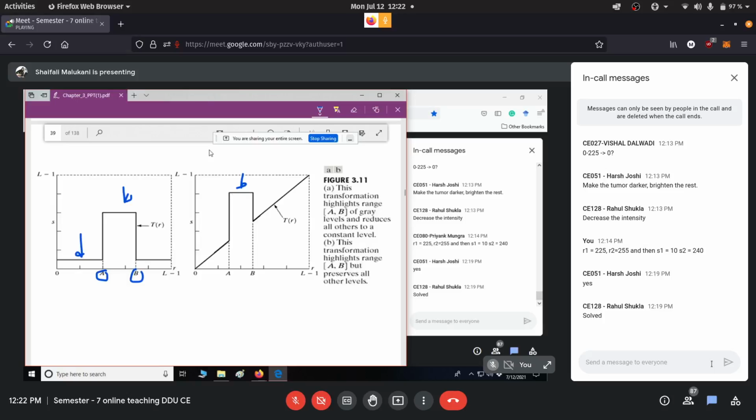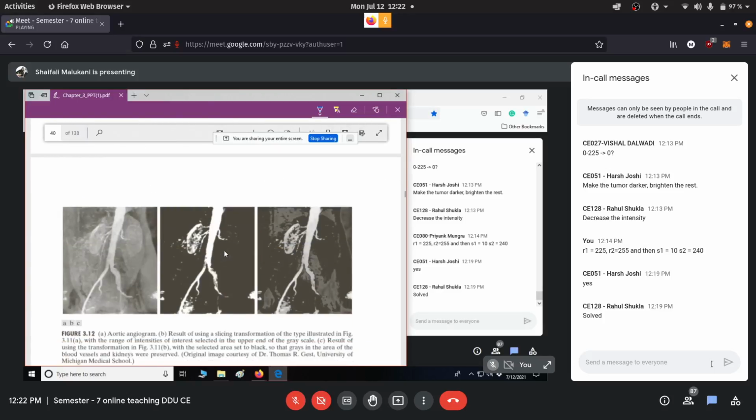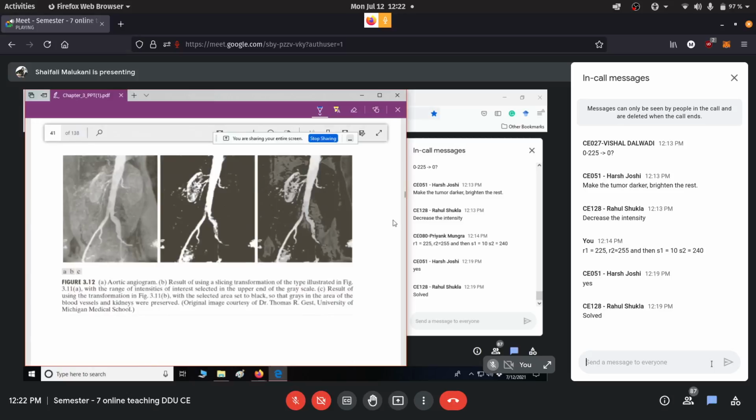Okay, so assuming that you are comfortable with intensity level slicing, here they have shown that this region is of interest. Then you have to find out the range of intensity available here, and we will make them white and others black, or you will keep this as it is.